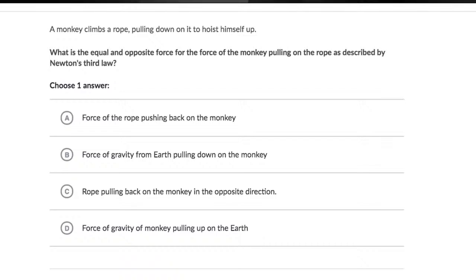A monkey climbing a rope, pulling down to hoist himself. What is the equal and opposite force for the monkey pulling on the rope, described by Newton's third law? So solve it. It's a very conceptual one. Try to think practically. This chapter is entirely practical, not mathematical.